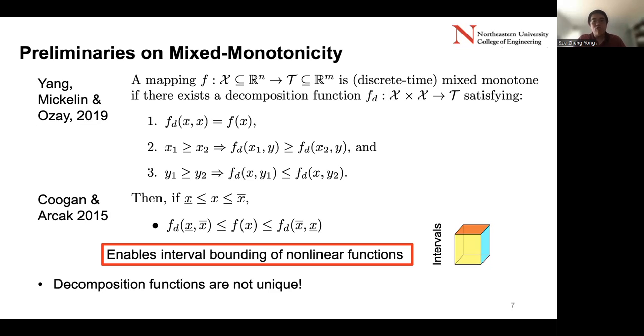The only issue with this is that, well, we say that there exists a decomposition function, but we have to actually design the decomposition function. And it's been shown that decomposition functions are actually not at all unique.